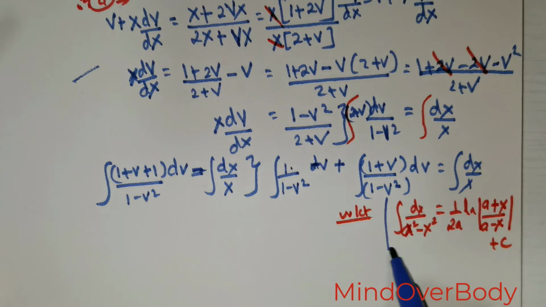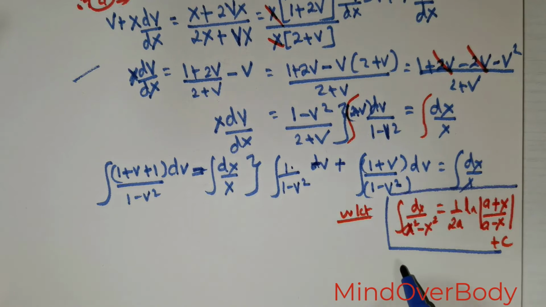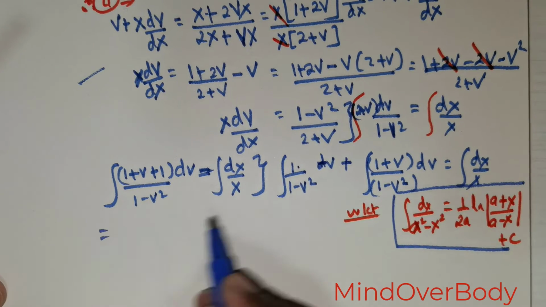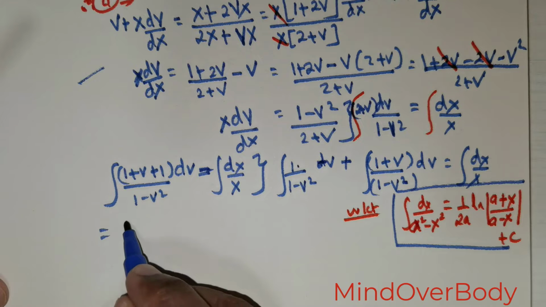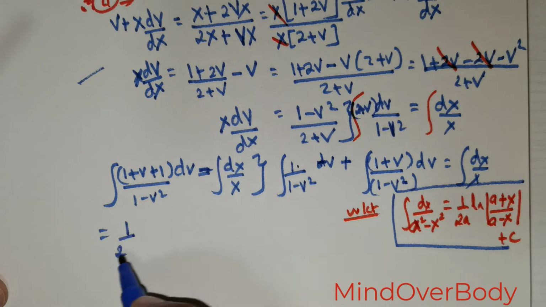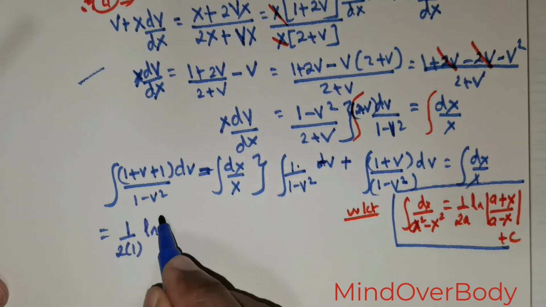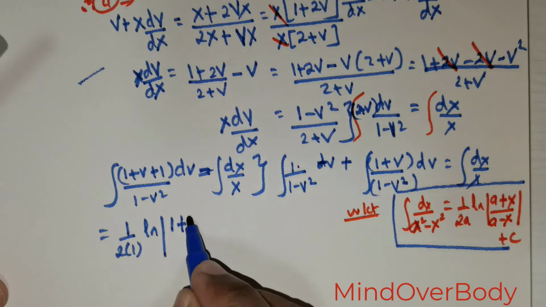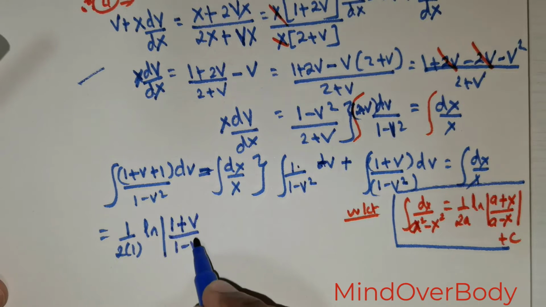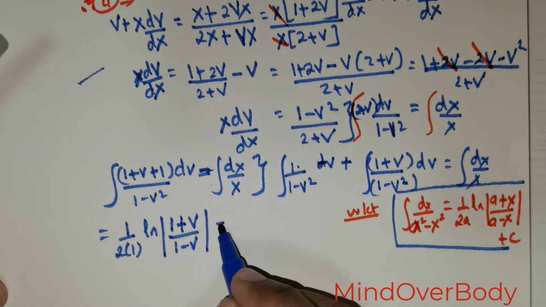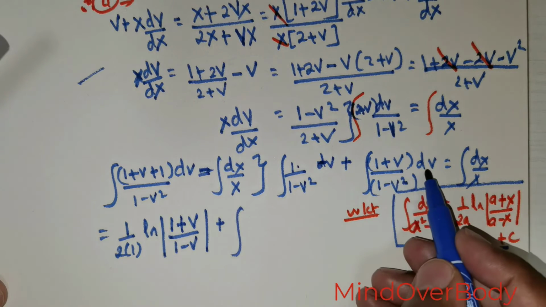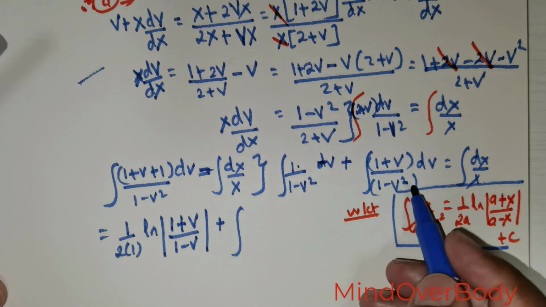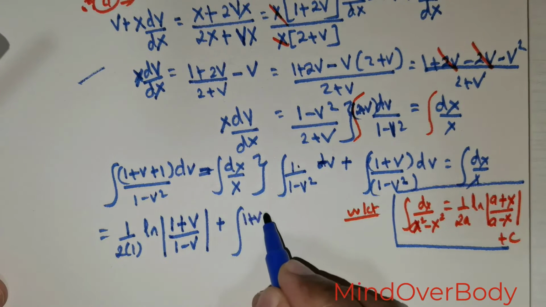So if I were to use this, this can be rewritten as 1 over 2, my a is 1, times ln of 1 plus v divided by 1 minus v. Okay, now I got this 1 plus v times dv divided by 1 minus v squared. So let me write that down, 1 plus v.